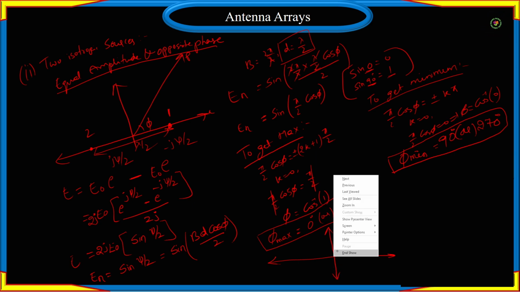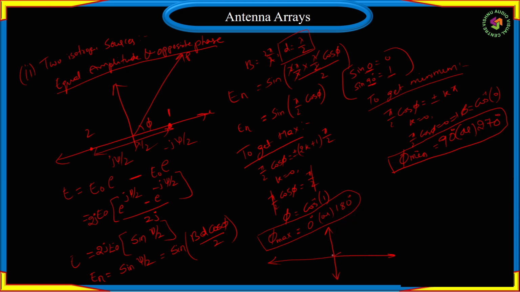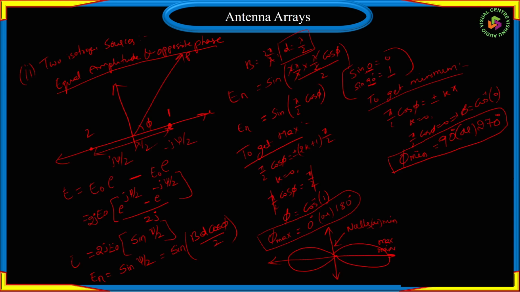Maxima at 0 or 180, this is the maxima or major lobe, and at 90 or 270 you will get nulls or minima.